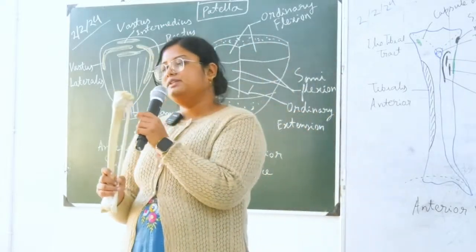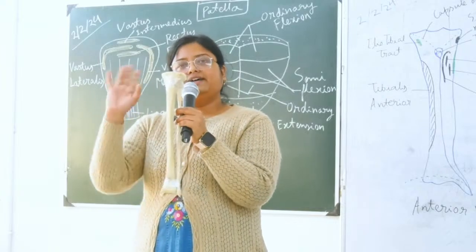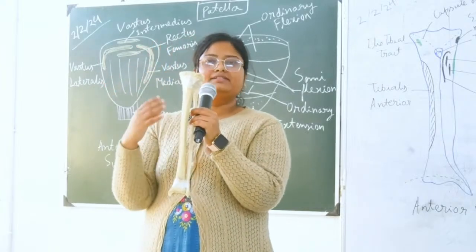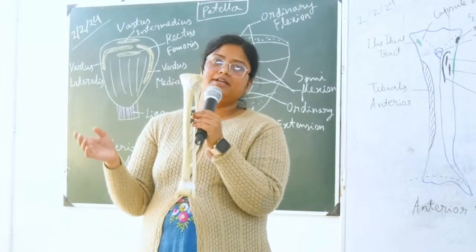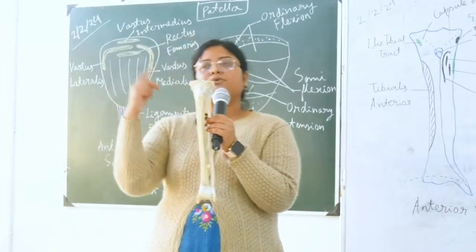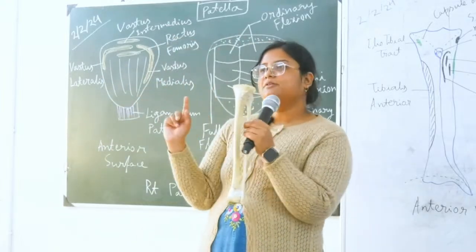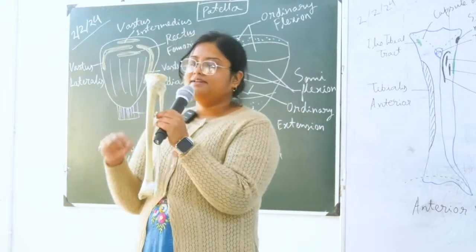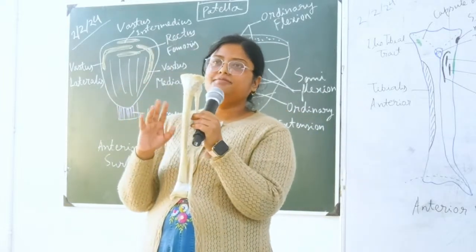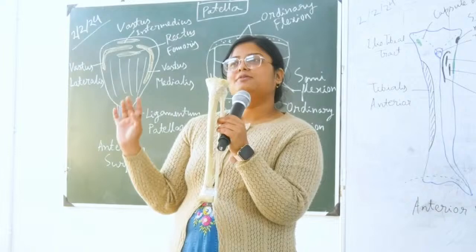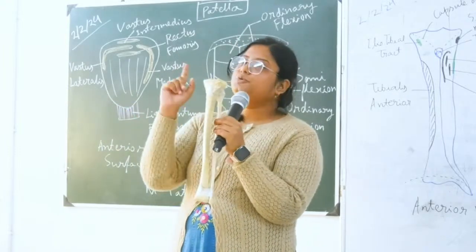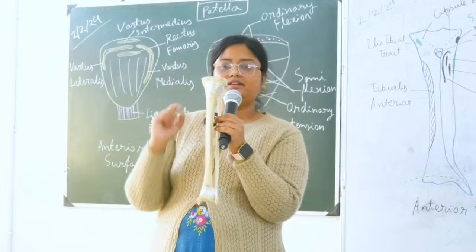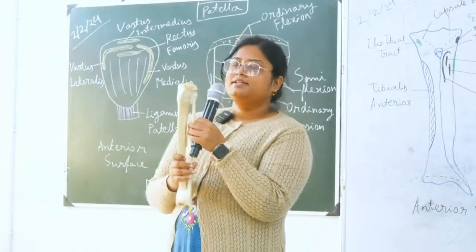Now attachments are clear for upper end, shaft and lower end. Now we go to the ossification, okay. It is a long bone, so it has one primary center of ossification which appears near the middle of the shaft of the tibia, at about 7th week of intrauterine life, and there are two secondary centers, one for the upper end, one for the lower end.